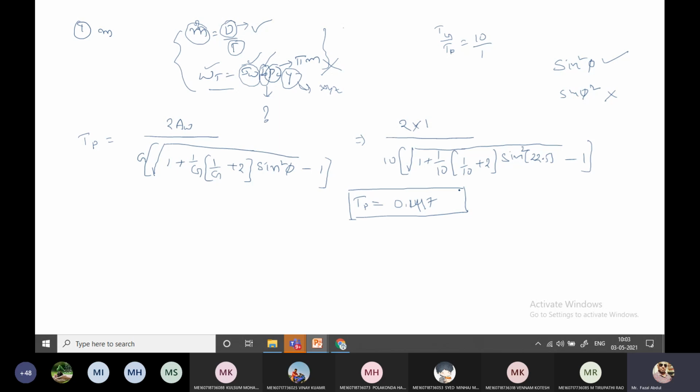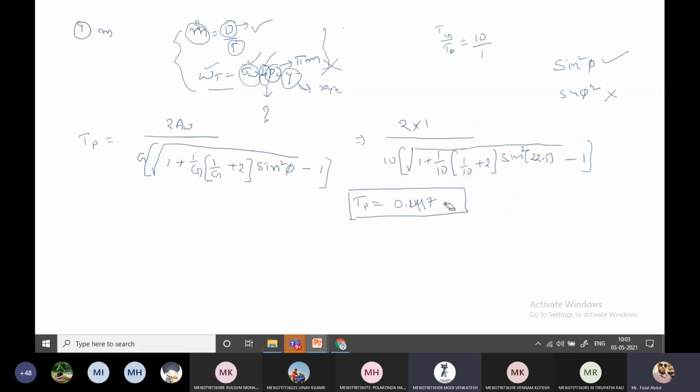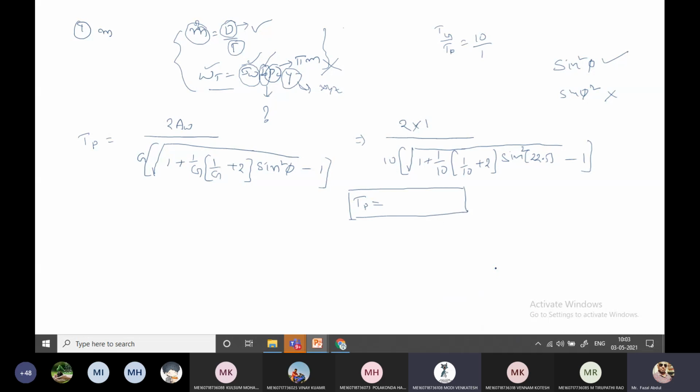You check, recheck again. 13.105. Very good. 13.105 is nearly equal to 13, so I am taking 13.